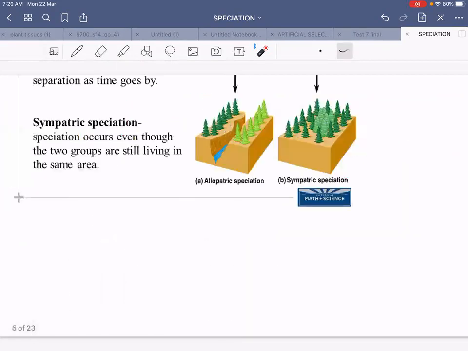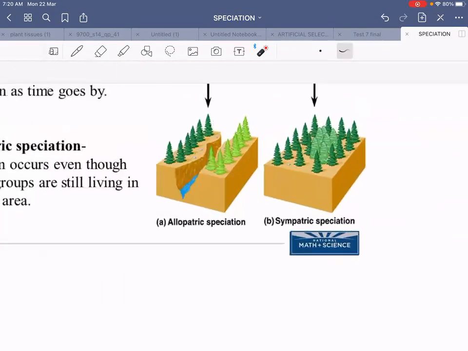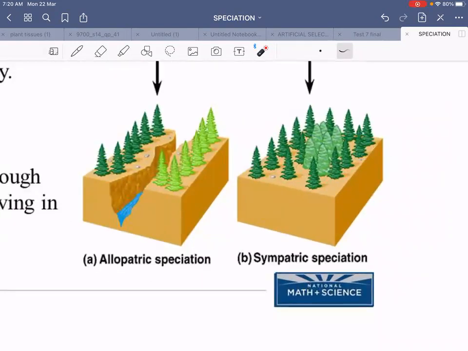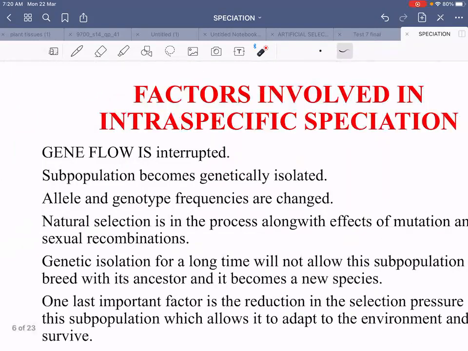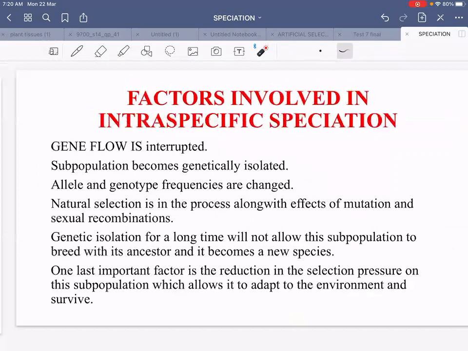In order to explain this interruption of gene flow in speciation, I would say that when these two populations were not geographically separated, there was gene flow from this to this, right? But because of a geographical reason, now the gene flow between this population and this population has been interrupted, right? So because of that, the subpopulations become genetically isolated, right?